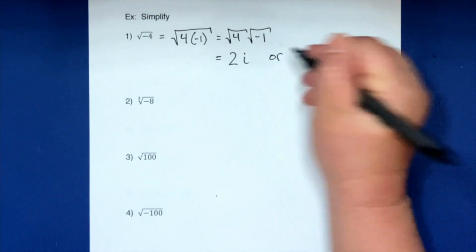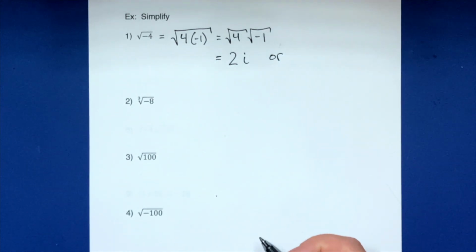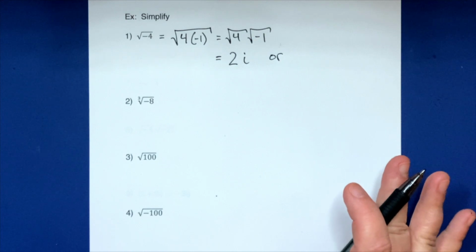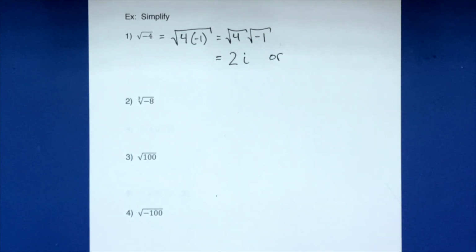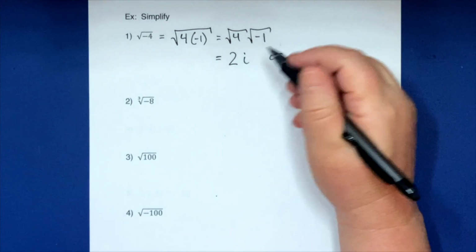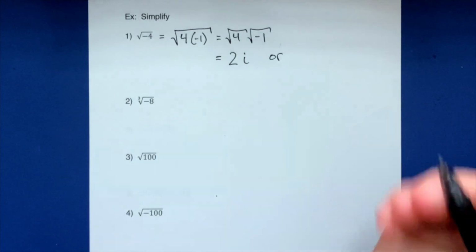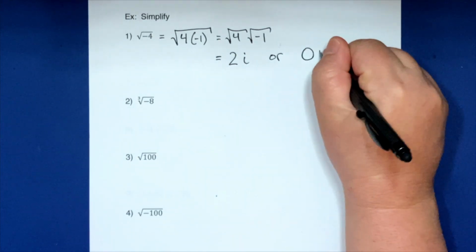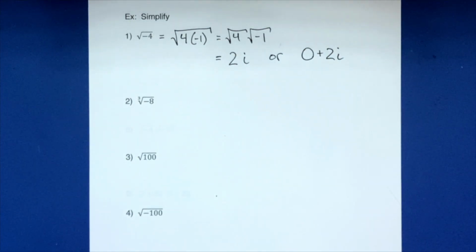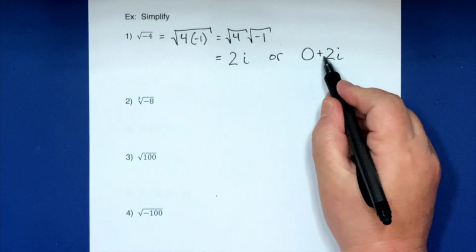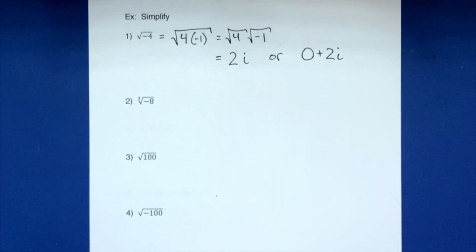And then if we want to extend it to the a plus bi form, the formal way of writing it, it's like the difference between having a nickname and being called by your whole name, your given name, first, last, middle, if you have others. So 2i is the nickname, or 0 plus 2i could be how we write it in a plus bi form.